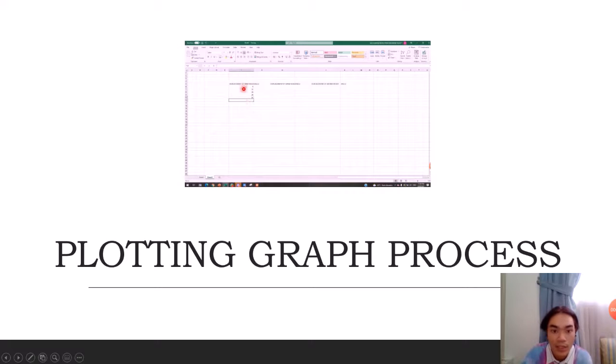So I just fill in the columns with the values that are obtained together with the angle of displacement. So this could take a while. I took around 15 to 30 minutes of plotting to come up with the graph of results of data.